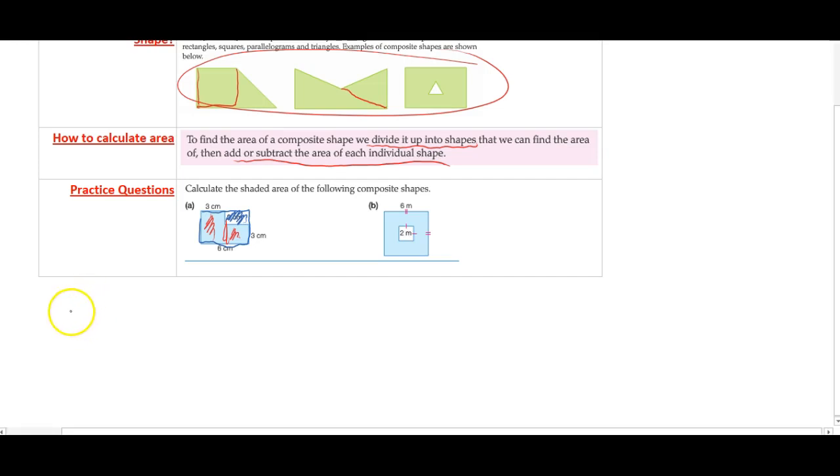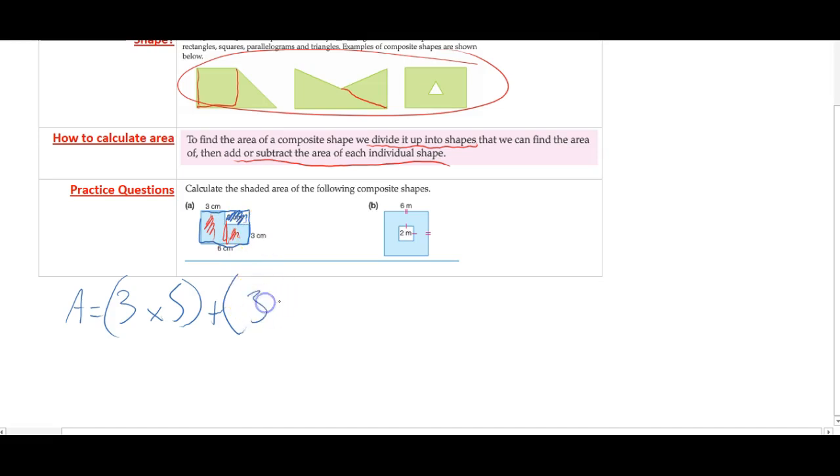So we have our area equals, okay, so I'm going to calculate the area of this first shape. So it is 3 centimeters by, let's see, work that out there. That's 2 centimeters and 2 centimeters. So it's going to be 3 by 5 in brackets, because that's the first shape, plus the area of the second shape, which is 3 there and 3 there.